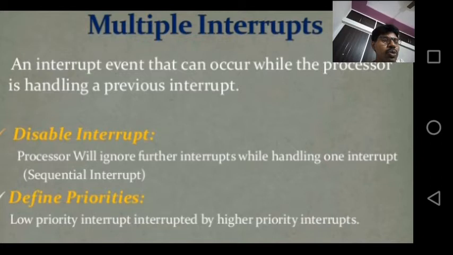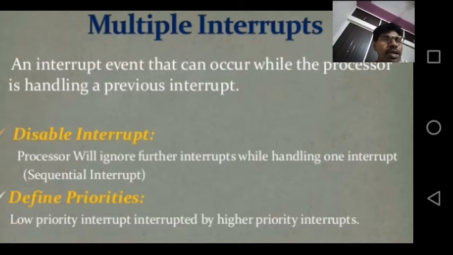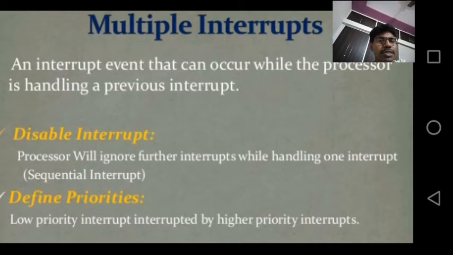Because then what is the point in assigning priorities to the interrupts? When the processor is handling a P4 priority IO operation interrupt, if you disable interrupts, then even if hardware fails and generates an interrupt, the processor cannot attend to it. The processor cannot see it because of the disabling. So this is one way of handling multiple interrupts, and it is suitable when there is no priority for interrupts at all. That is a good solution, that is, disable interrupt.